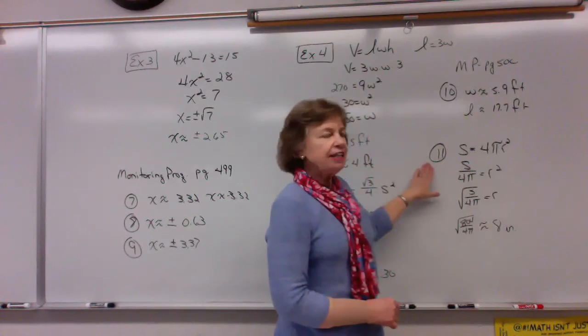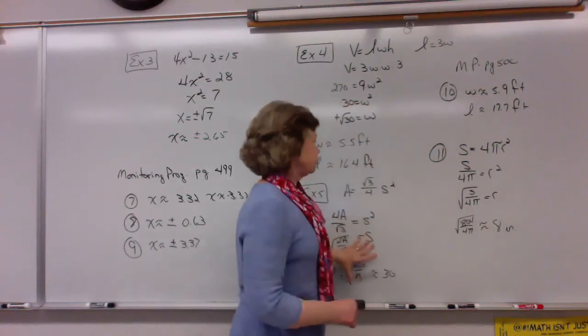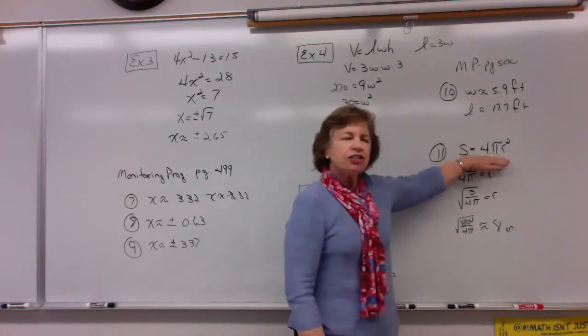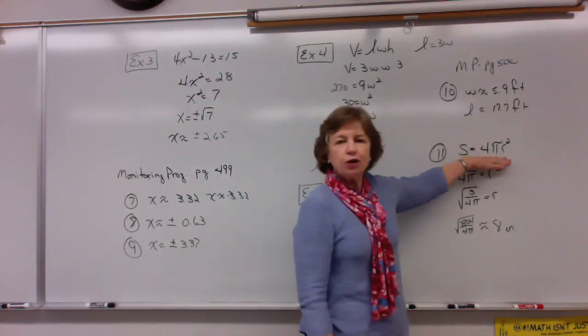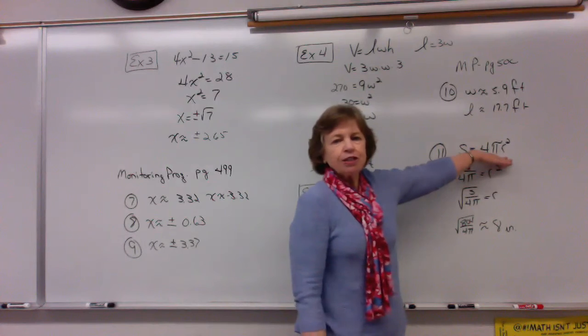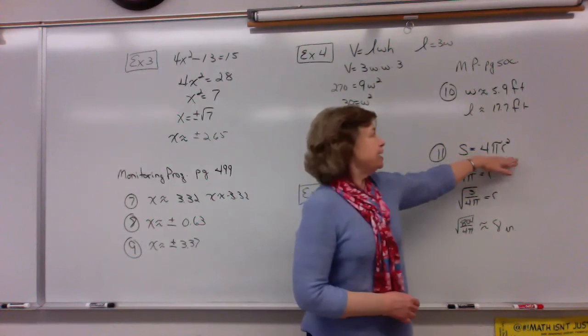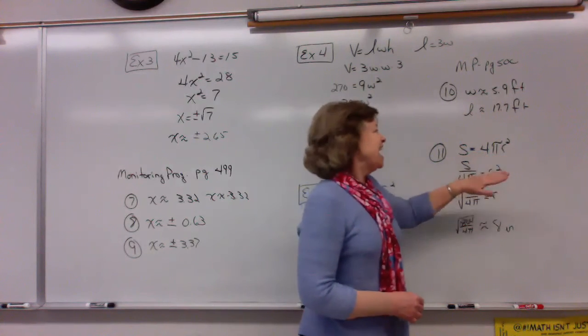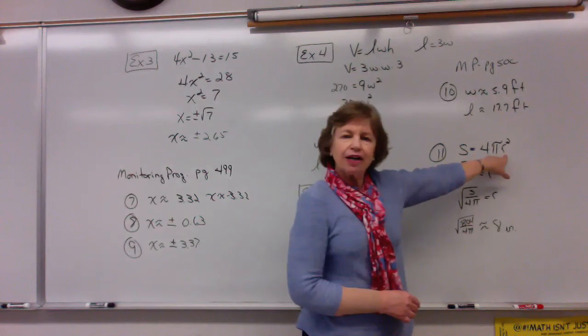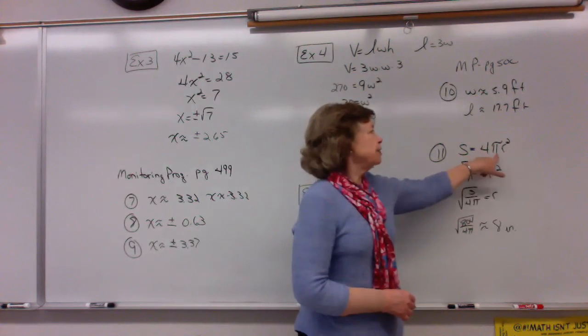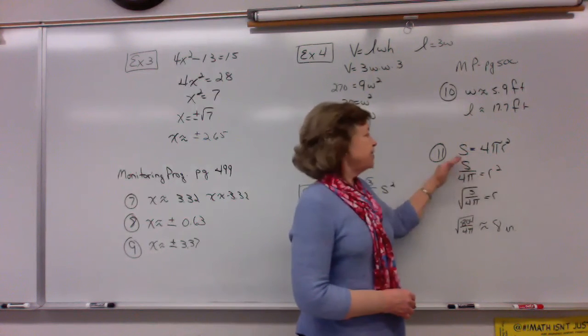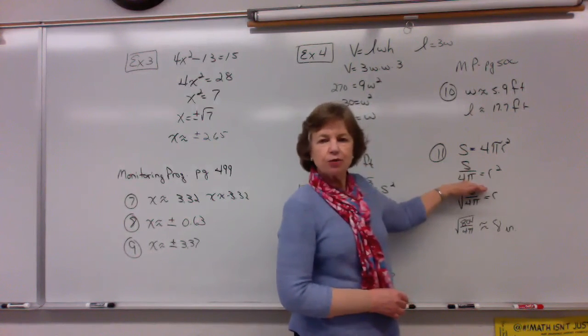For number 11, the formula was different than the one they gave you. They told you the surface area of the sphere was 4 pi r squared, which we should already know, but if you don't, here it was. And so you're solving for r squared, so you're going to be dividing both sides by 4 pi. So I have s divided by 4 pi equals r squared.